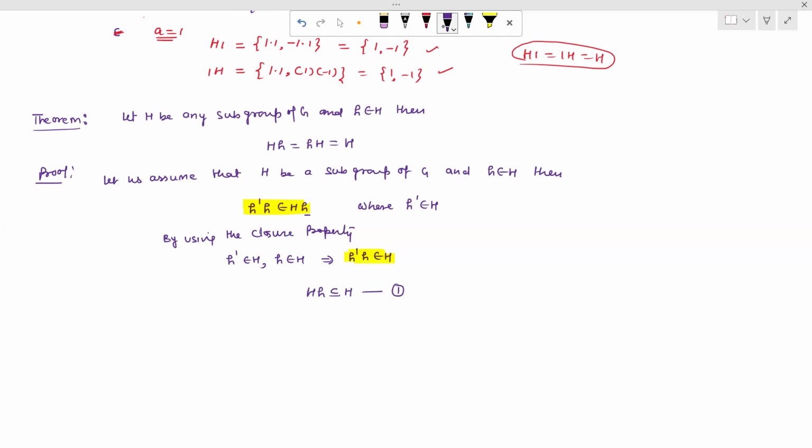Those elements which belong to Hh also belong to H. So Hh is a subset of H.